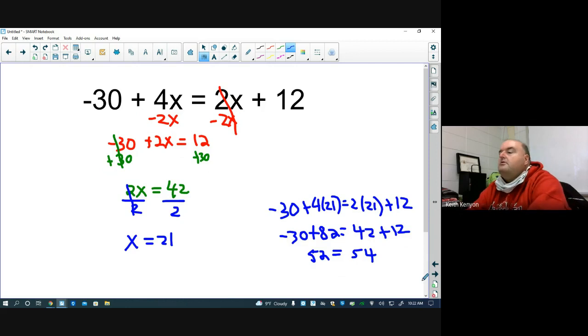Oof. So what did I do incorrectly here? It's kind of embarrassing making a mistake like this. I'm going to add 30, 30 plus 12 is 42.